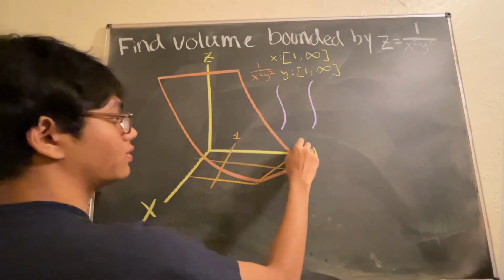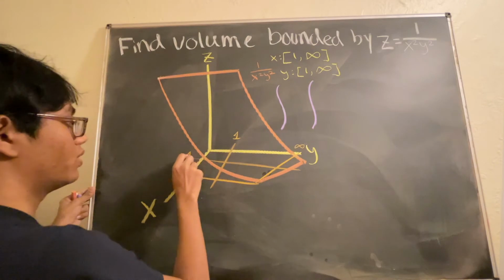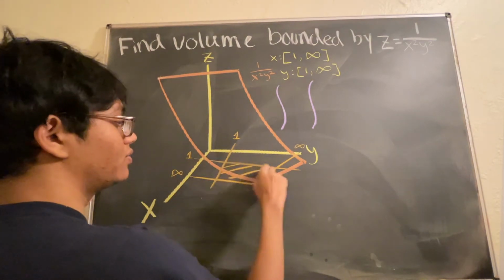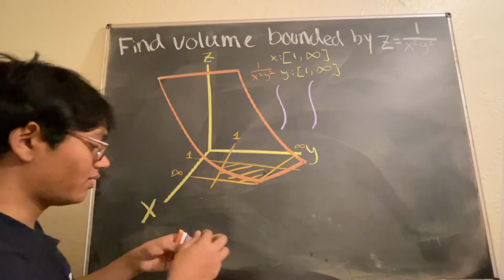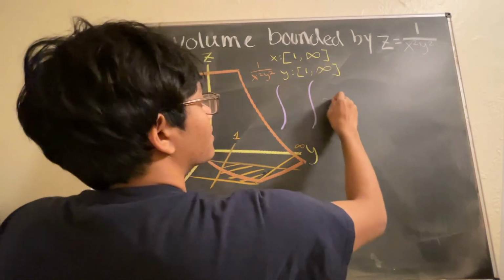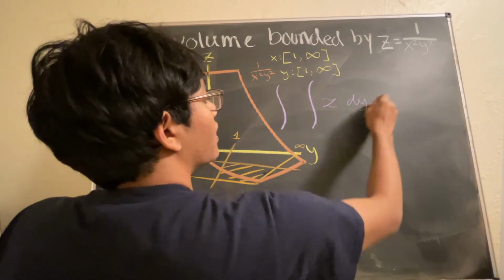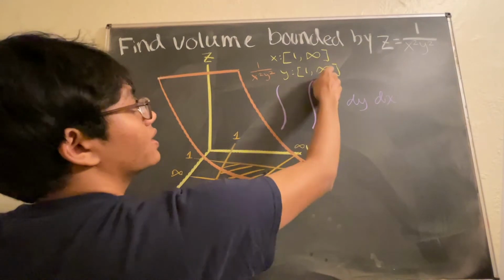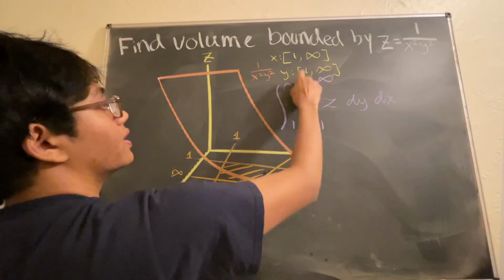Since it's a square region, it doesn't really matter if we do dy or dx. So I'm just going to go ahead and write z dy dx, and we're evaluating from 1 to infinity, from 1 to infinity.